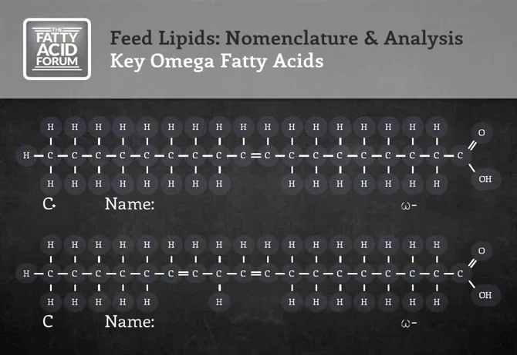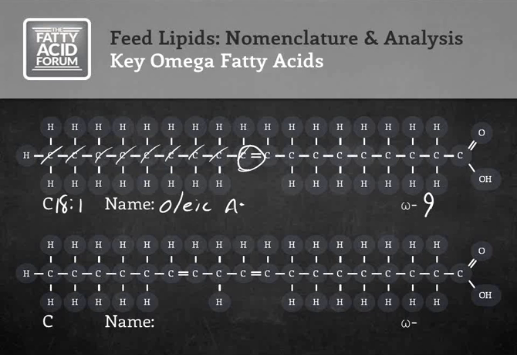Now, the next one at the top, what would its abbreviation look like? It has 18 carbons in the chain. So 18 colon and 1 double bond just in the middle of the molecule. C18:1, it's an omega what? Count the number of carbons in from the omega end, 1, 2, 3, 4, 5, 6, 7, 8, 9, and it's an omega 9.